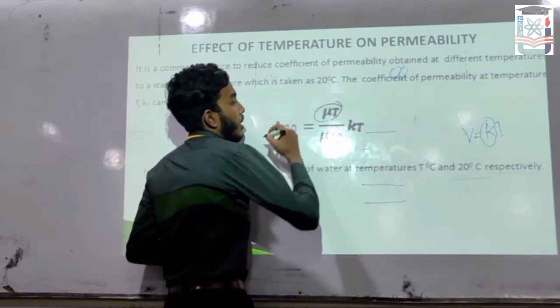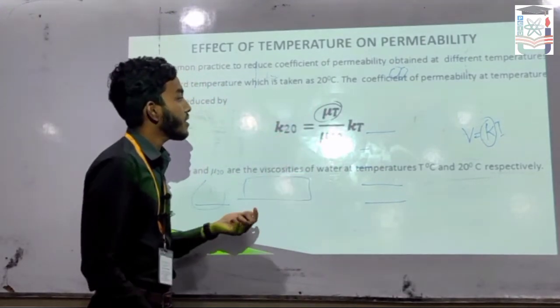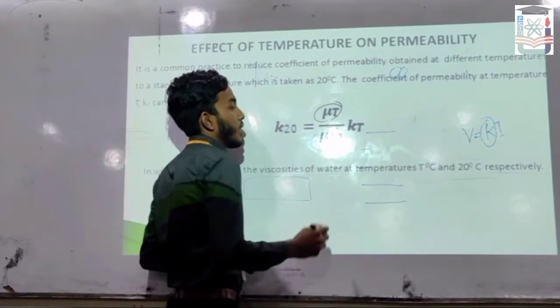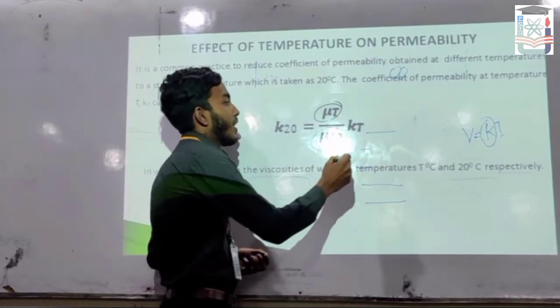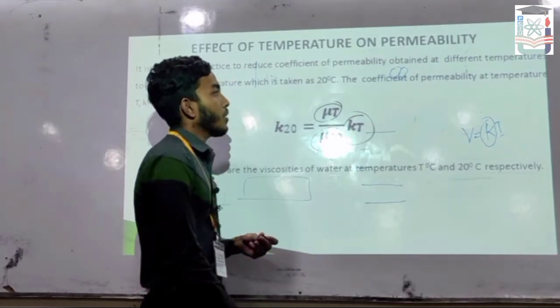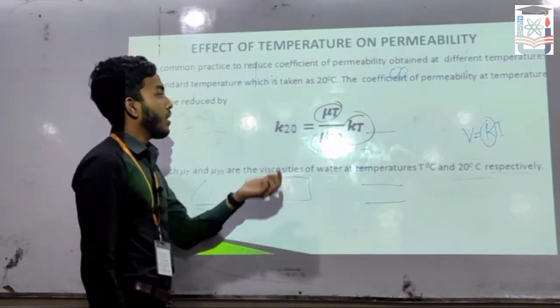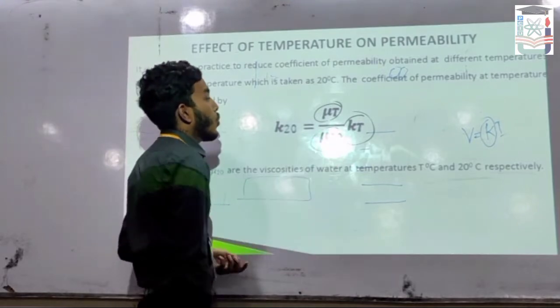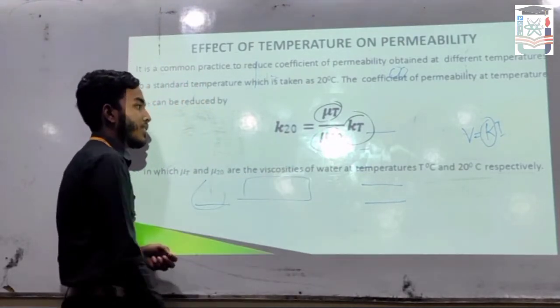Here mu T is the viscosity at any temperature. Mu 20 means viscosity at 20 degrees centigrade. Kt means coefficient of permeability at any temperature. If we know these three values, we can easily convert to 20 degrees centigrade.